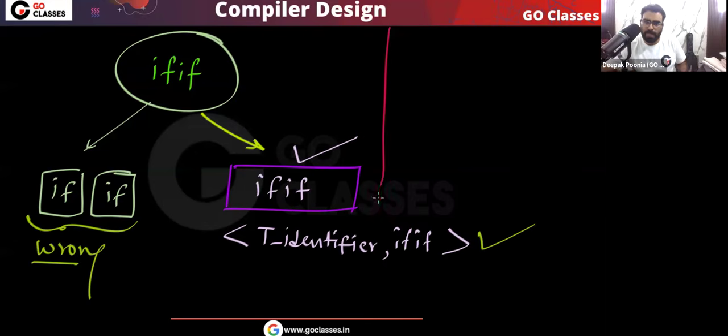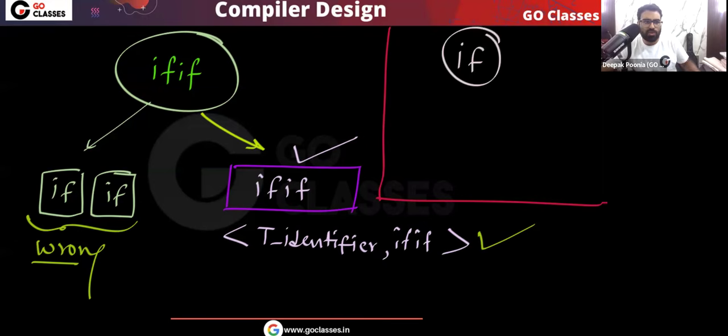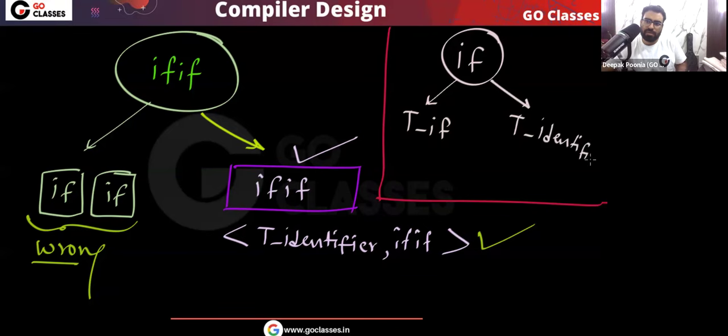One more thing: if you only have this "if", it is matching the identifier and it is also matching the keyword. So should I generate the keyword token or the identifier token? Even with the longest match, multiple regular expressions are matching, so here you will consider the priority.